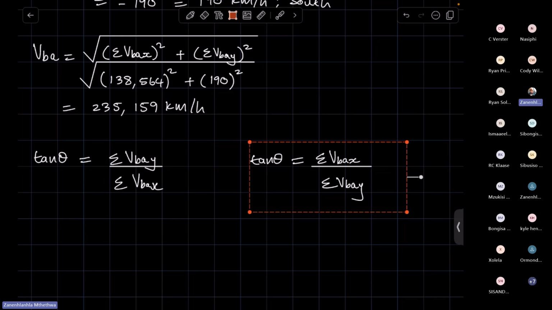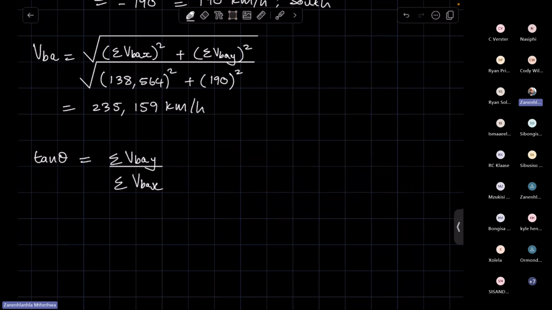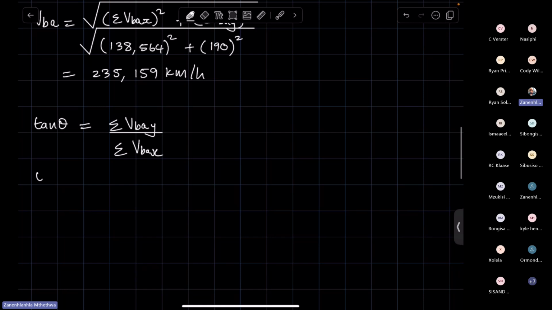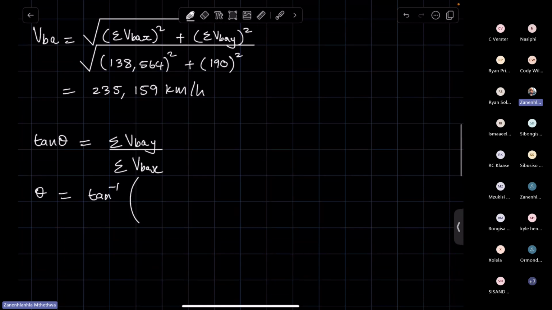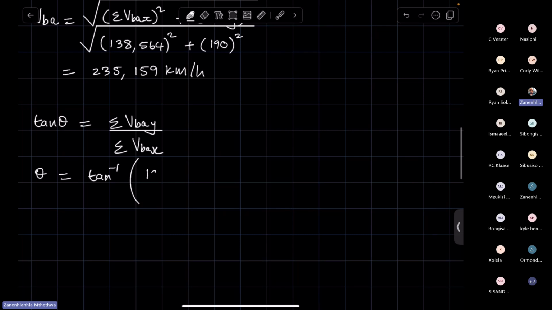Yes, sir. So continue referencing your angles from the x-axis. In getting this angle, you'll use tan theta is equal to the sum of VBY over x. So theta is equal to arctan of VBAY, which is 190, divided by 138,564.